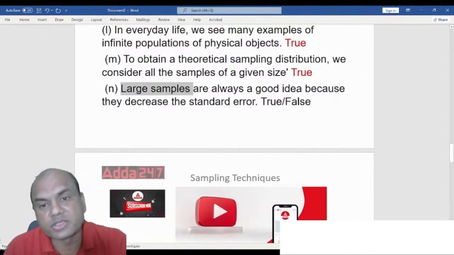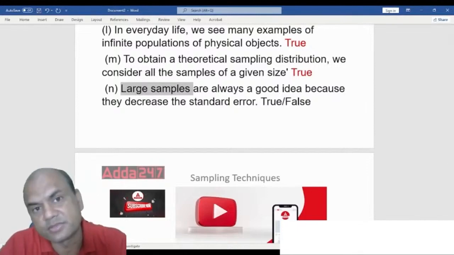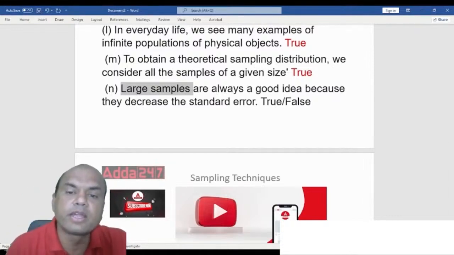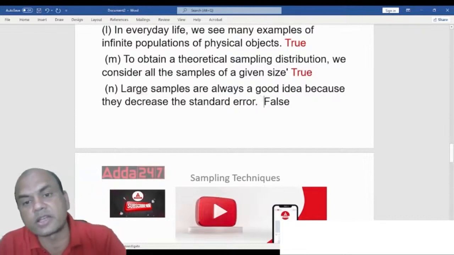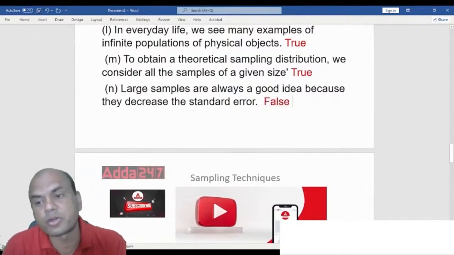What about the cost? Suppose I am doing a sample survey of 50 persons versus 5,000 persons. What will be the cost of 5,000 persons? So it's not always a good idea. That is a false answer, because cost considerations are very important in sampling.